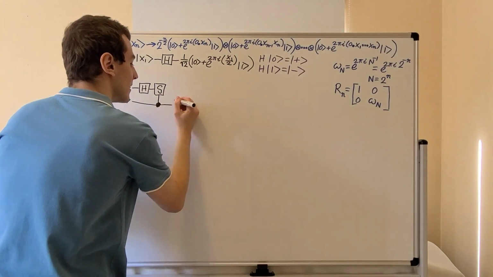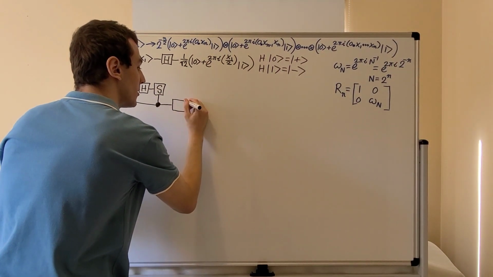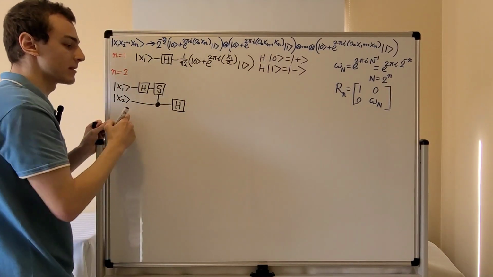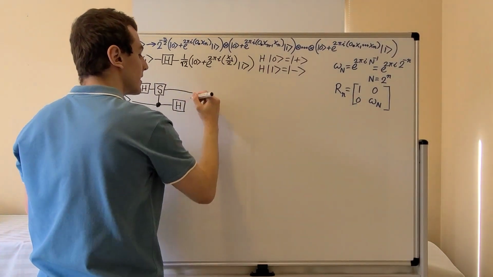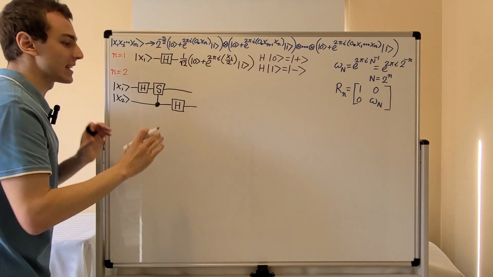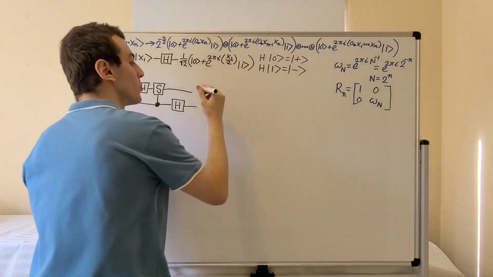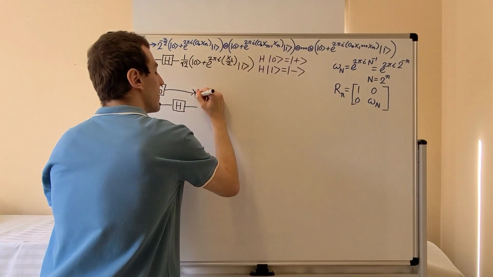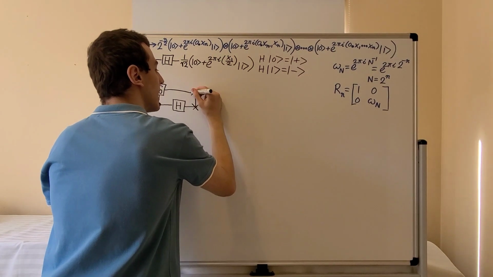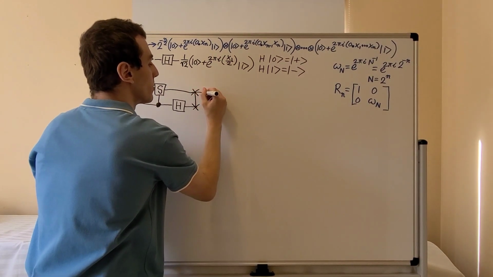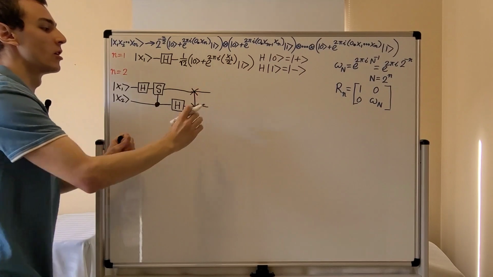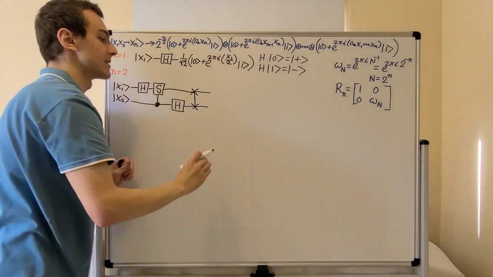And then we're going to apply the Hadamard gate over here on the second qubit. And finally, this has the incorrect order, so we have to apply the swap gate. And this is the notation for the swap gate. When we apply this swap gate, we're going to get the correct order for these qubit states.